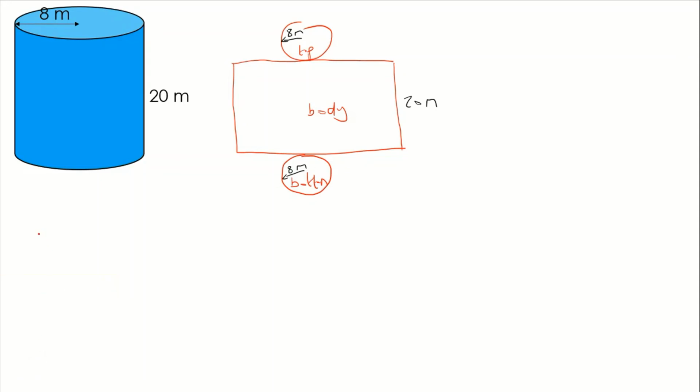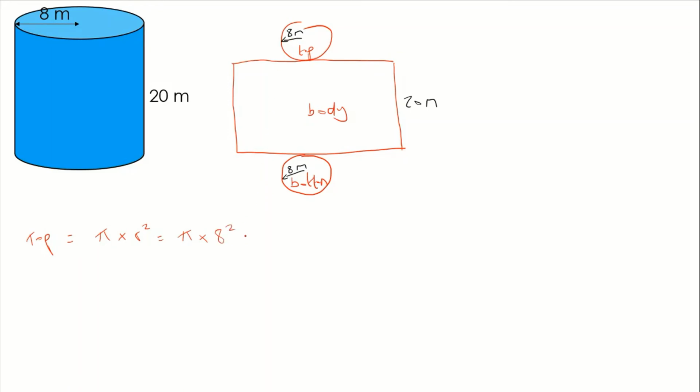So let's do the top first of all. Remember, it's a circle, so it's pi times radius squared. The radius is halfway across, so the radius is 8.